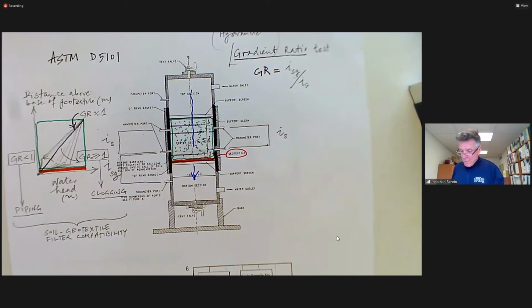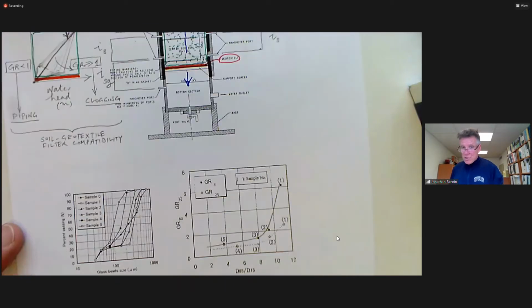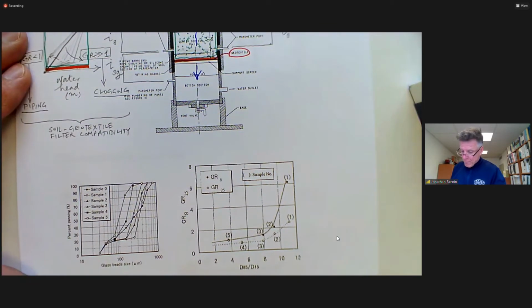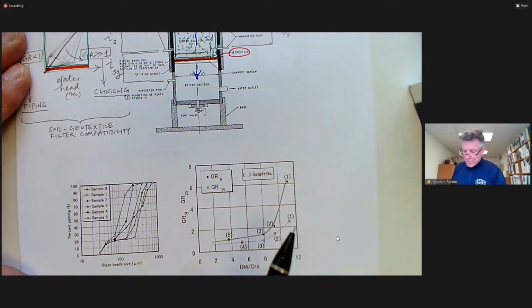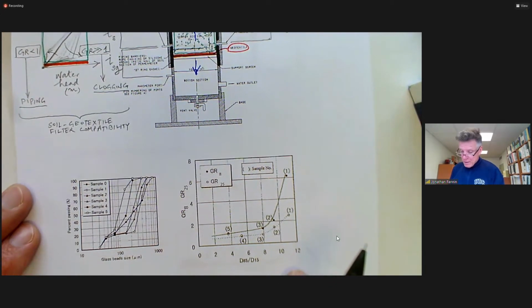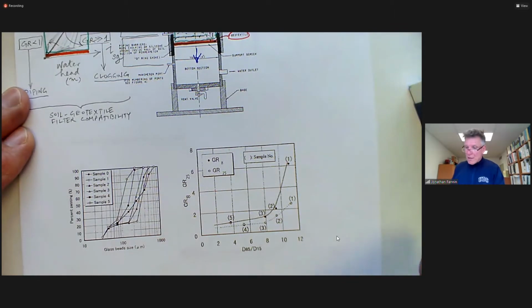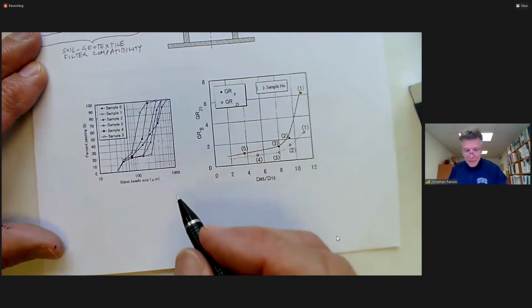Okay. And the following two images are just intended to show you the manner in which gradient ratio testing, in the absence of chemical or biological clogging, can detect physical clogging. Okay. And the easiest way to physically clog a geotextile is to make it quite tight. So let's look at some data now.